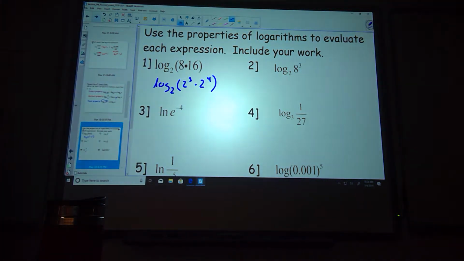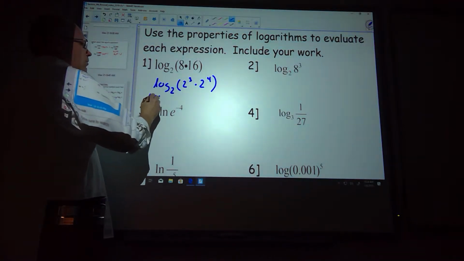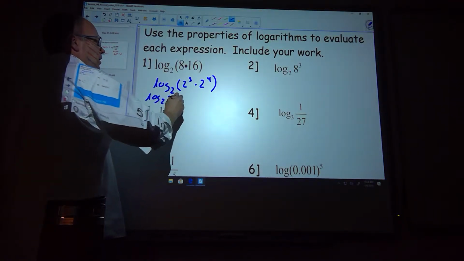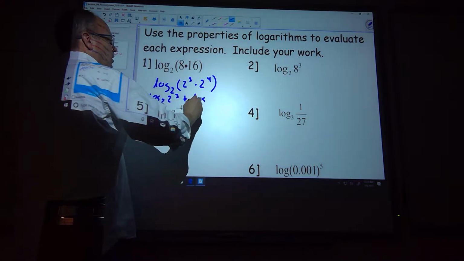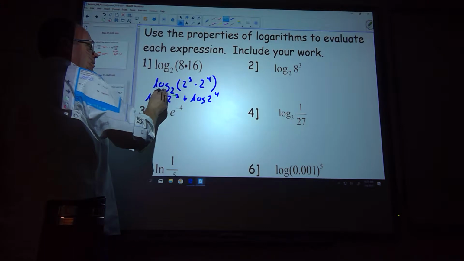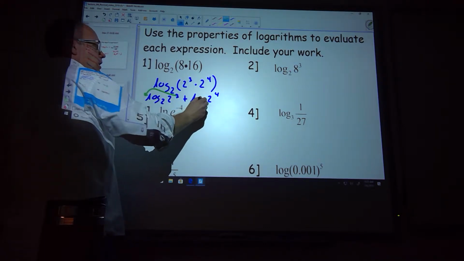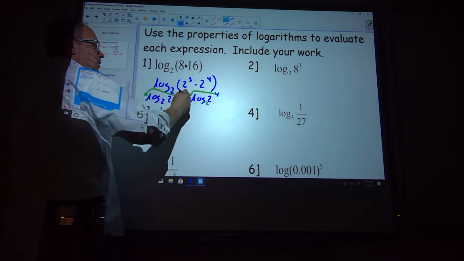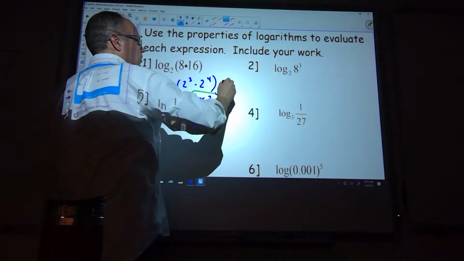They are the same base, so I could put them together to give me log base 2 of 2 raised to the 7th. Or I could expand it: log base 2 of 2 to the third plus log base 2 of 2 to the fourth. The exponents now can come down front, and as long as I have the same bases on each of those, that's going to work. So I get 3 plus 4, which is 7.